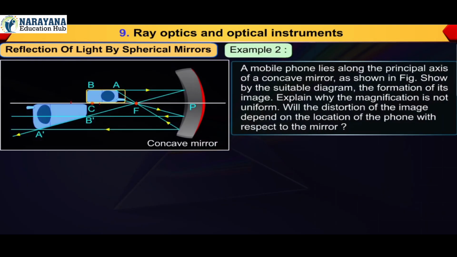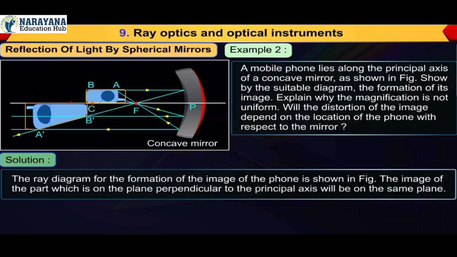Example 2. A mobile phone lies along the principal axis of a concave mirror as shown in the figure. Show by a suitable diagram the formation of its image. Explain why the magnification is not uniform. Will the distortion of the image depend on the location of the phone with respect to the mirror? Solution.